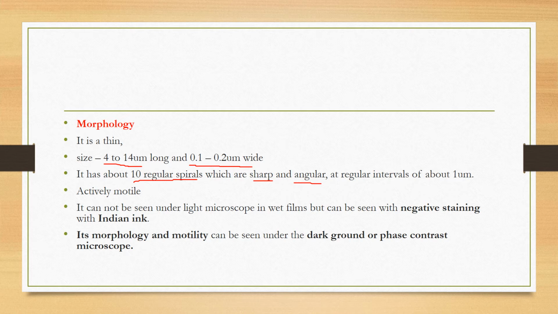They are actively motile, and they cannot be seen under a light microscope in wet films, but they can be seen in negative staining with Indian ink. Its morphology and motility can be seen under a dark ground or phase contrast microscope.